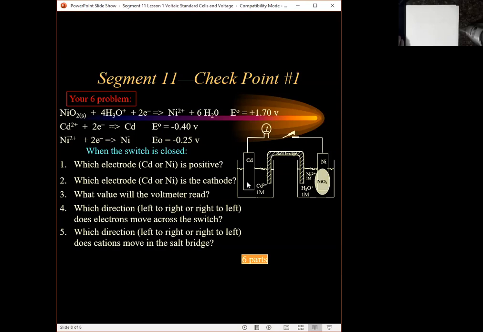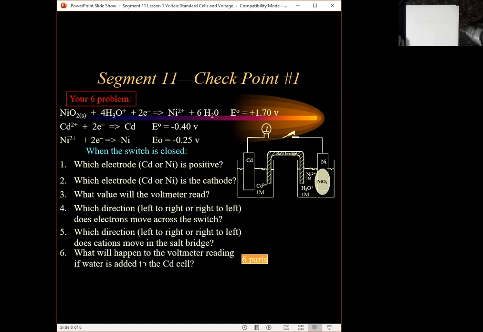So that means if electrons are coming out and going around like this, then the negative ions have to go through the salt bridge like this. So the negative ions complete the circuit that the electrons do. I always do it that way. And then if that's not the way things are going, I say, okay, well, it's the reverse of that direction.